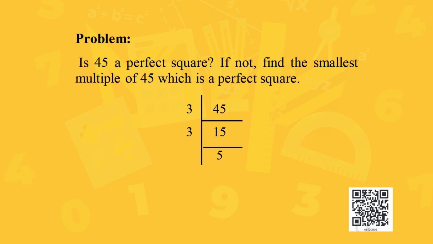So, we know that 3 divides 45, 15 times, and then 3 also divides 15, 5 times. So, by this we can write 45 as 3 times 3 times 5. So, here we obtain the prime factorization of 45. So, observe the prime factors in the prime factorization of 45.